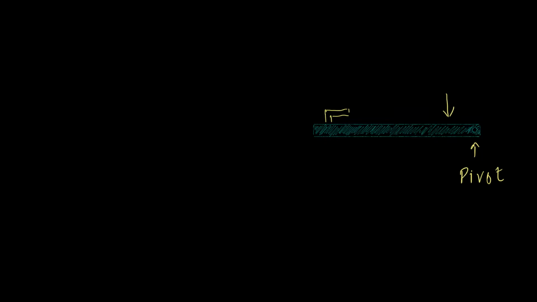By that I mean it's much easier to open a door if you're pulling or pushing it from here rather than over here, rather than the previous arrow, right? And the reason for it is the further away you're pushing from the center of rotation or the pivot, the easier it is to push.